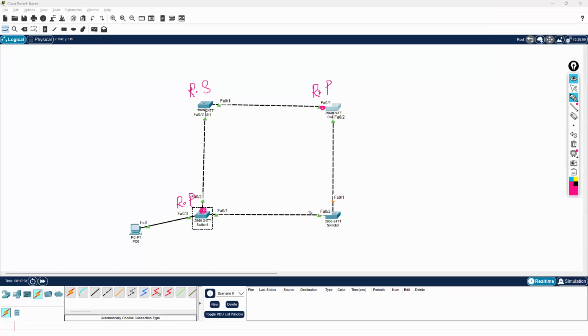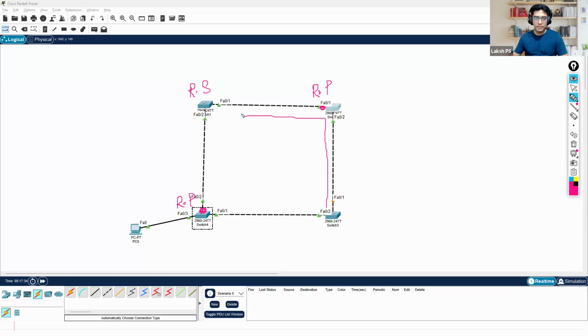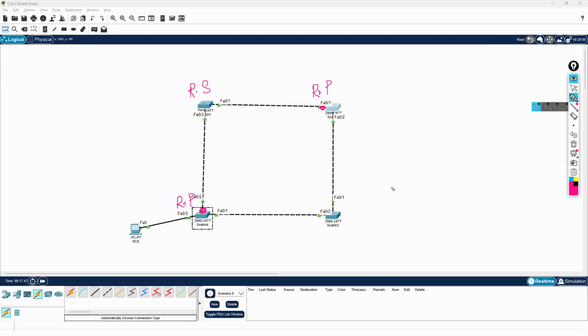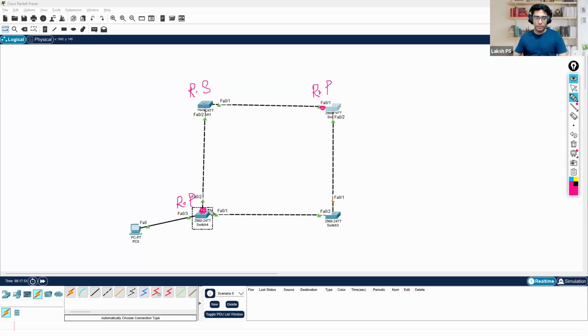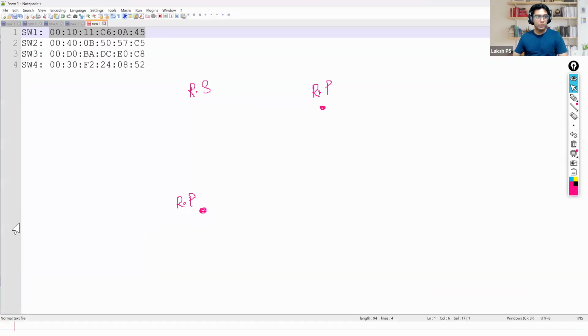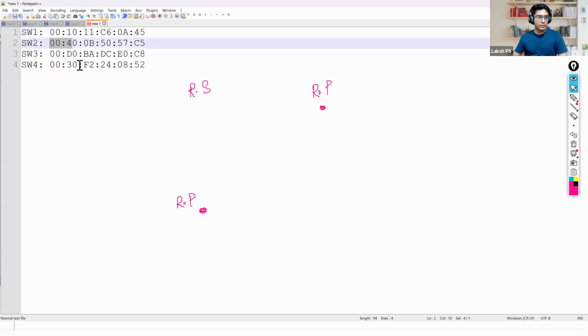Yeah. Now, for switch number 3, 19 plus 19, 38. 19 plus 19, 38. Both are the same, right? If the cost is a tie, then we go for the next election criteria: which neighbor switch has a lower MAC? So switch number 2 and switch number 4 are the neighbors. Switch number 2 is 0, 0. Switch number 4 is also 0, 0.